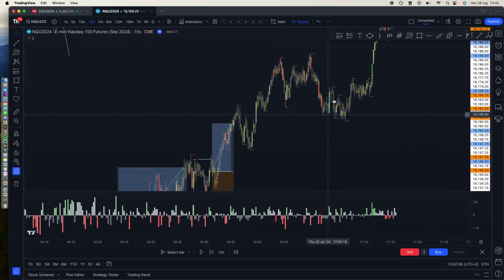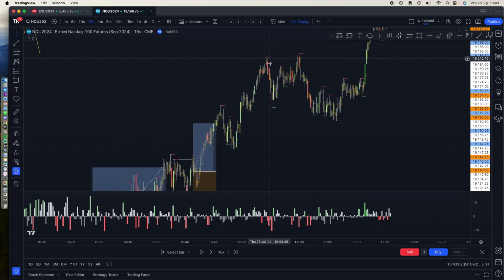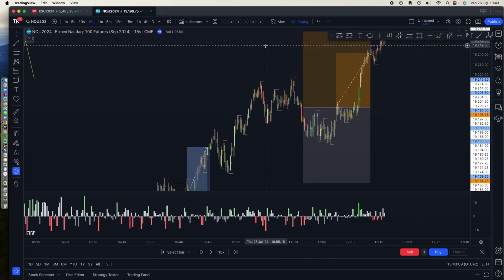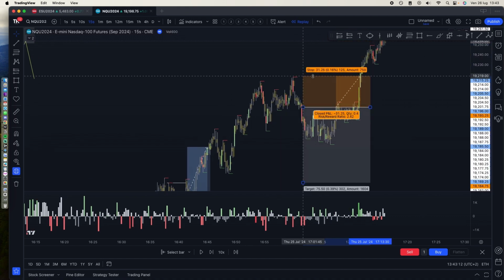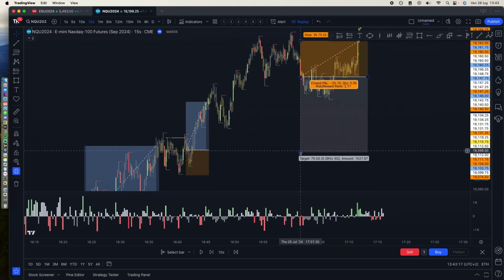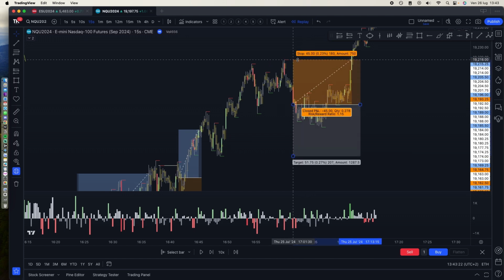So 1, 2, 3. This is another pattern. We don't have any red bars. This as well. Okay, here. Trigger it like here. Oh no, sorry, like here. Recent low right here. And this will be 1.15 or 1.1.